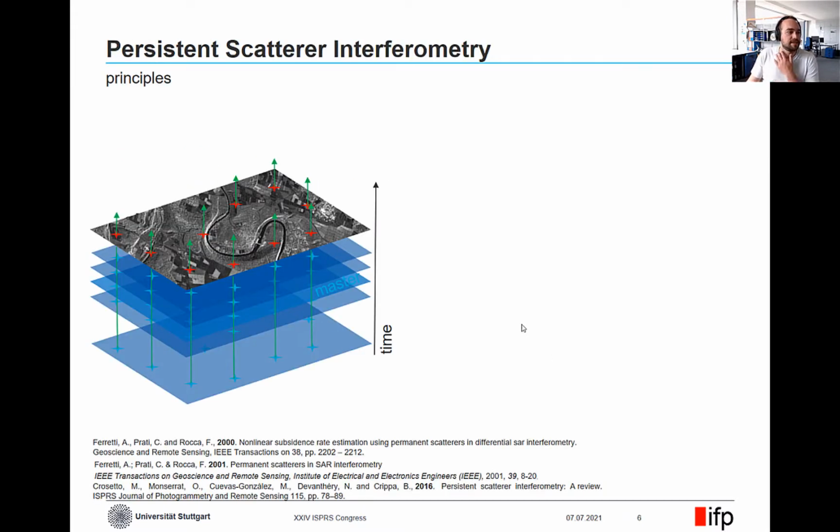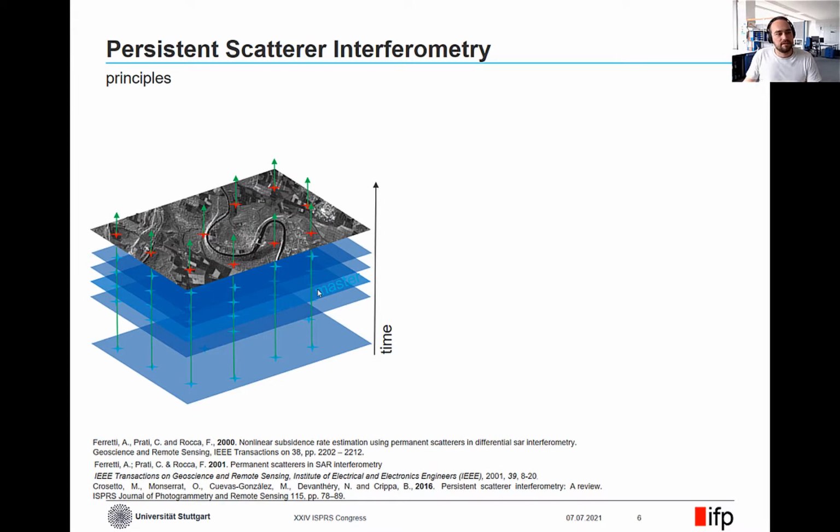So PSI is a differential synthetic aperture radar technique. By comparing the phase of a stack of synthetic aperture radar images relative to a master image, very small movements can be detected.